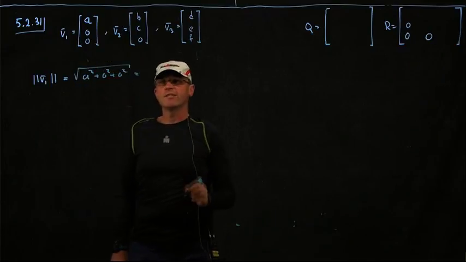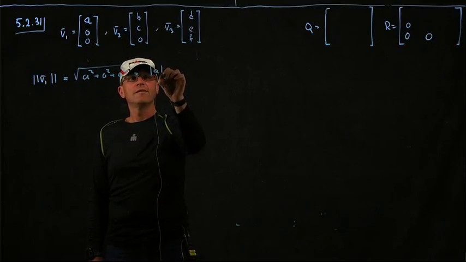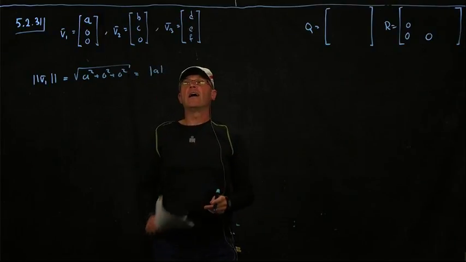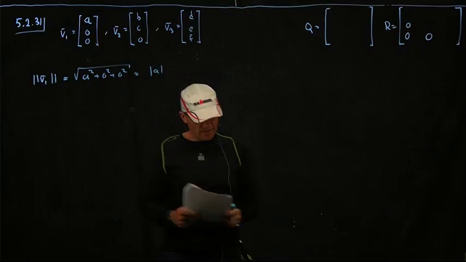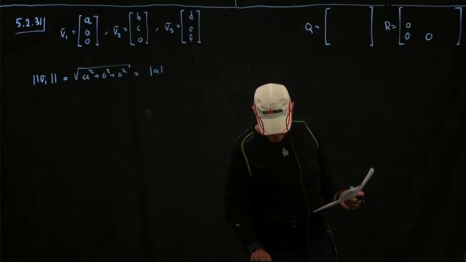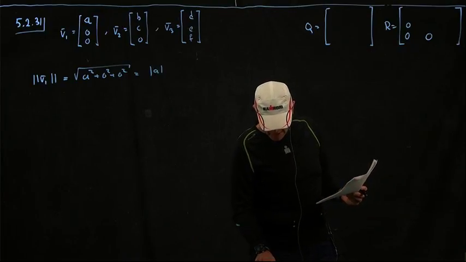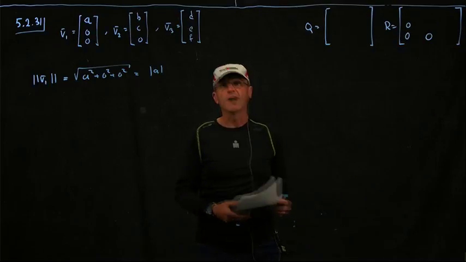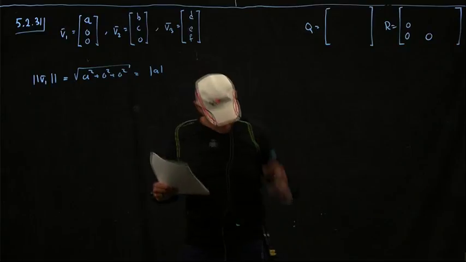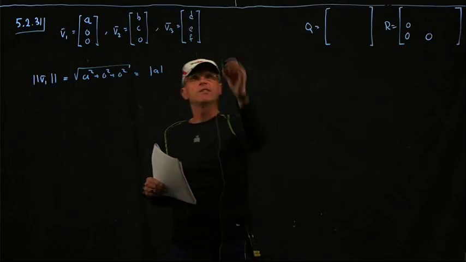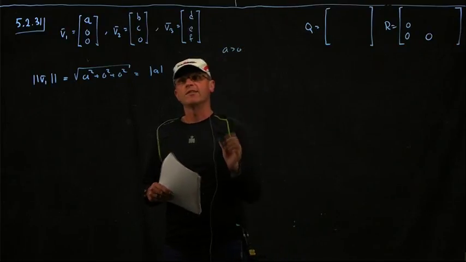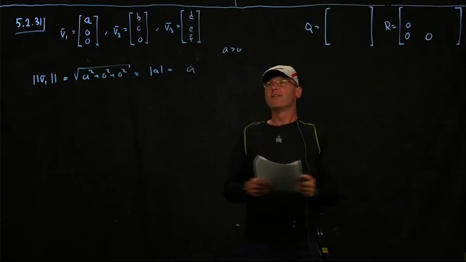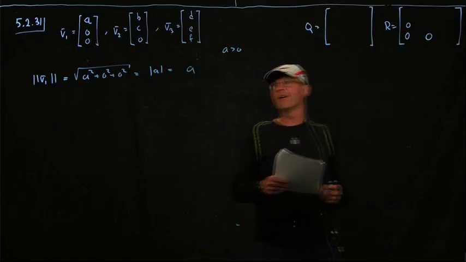So that gives us the absolute value of A. Let me just see what the problem says. We can make our life a little bit easier. Actually, it says that A, C, and F are supposed to be positive constants. So we can assume that. So A is actually positive, so the absolute value of A is just A. So we don't have to carry the absolute value around.